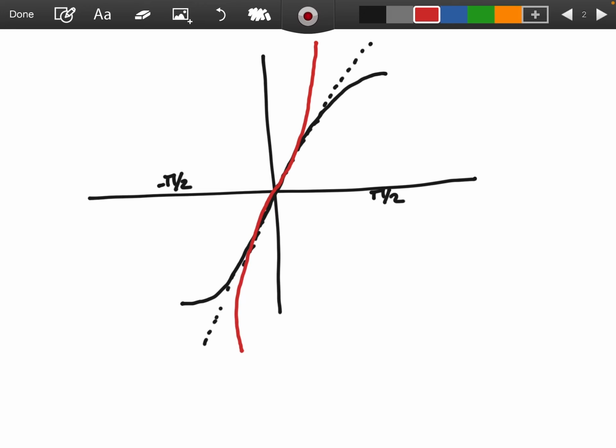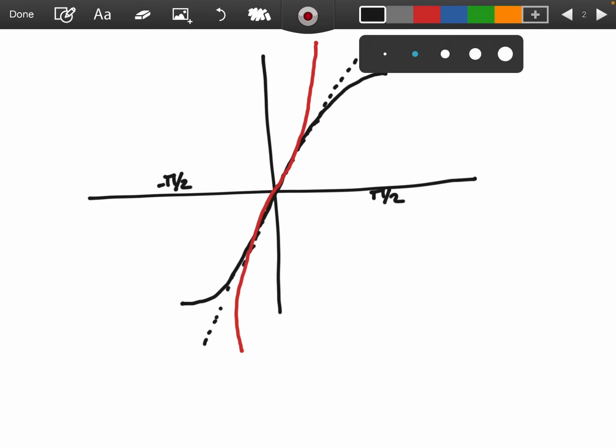There is a really good picture of this in the textbook if you want to go ahead and check that out. In the red, we have y is equal to sine inverse, and in the black, we have y is equal to sine of x. Now, because we have a restricted domain for sine, that means that sine inverse also has a restricted range.